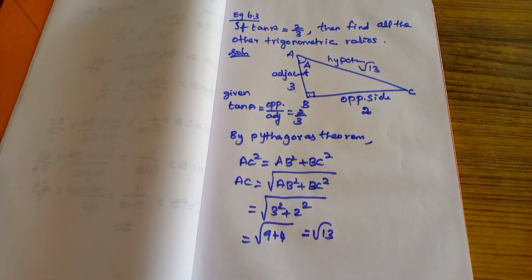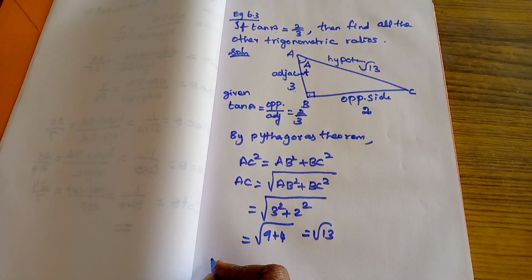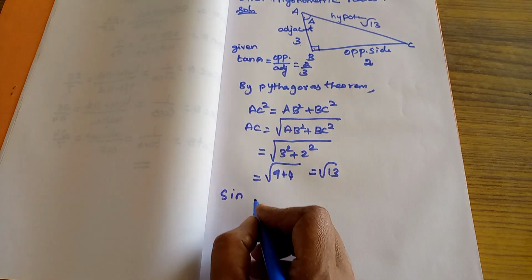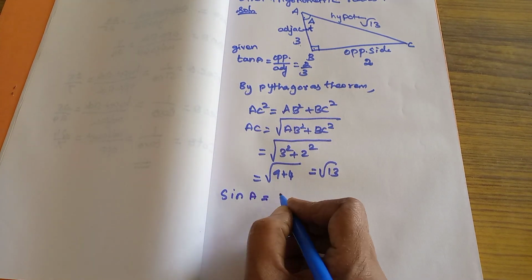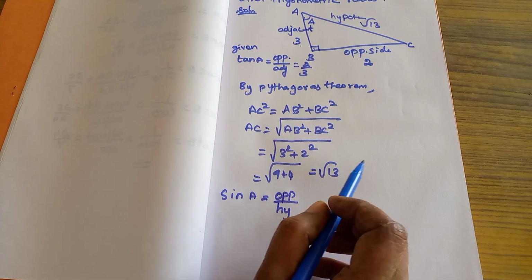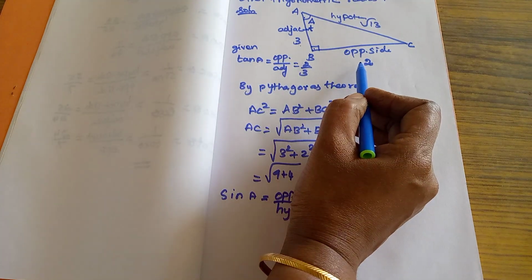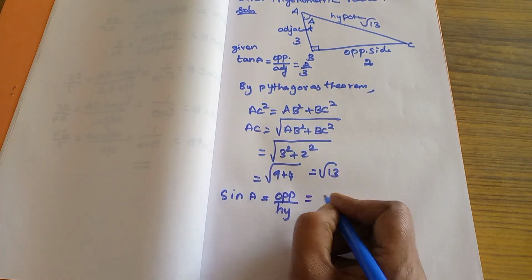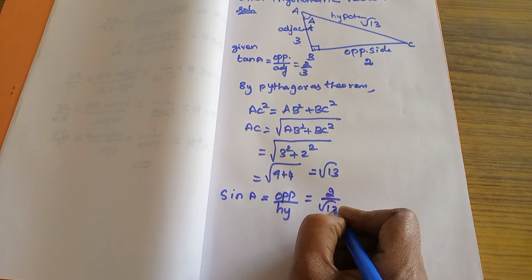Now we can easily write all six ratios. First sin theta; here in place of theta we have A. So sin A is equal to opposite by hypotenuse. The opposite side is 2, the hypotenuse is root 13, so 2 by root of 13.